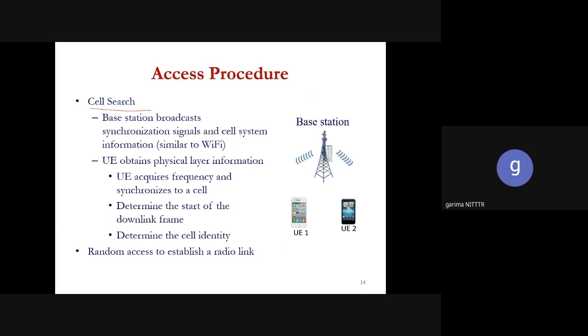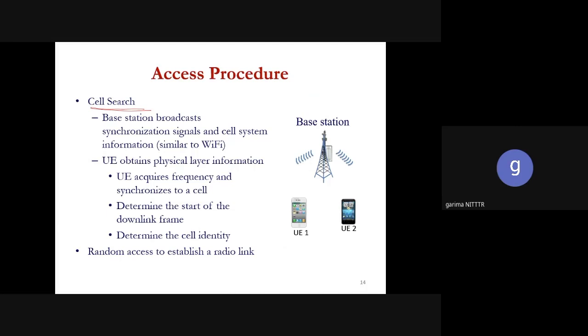Whenever you switch on your mobile, suppose you have bought a new mobile, or you have taken a new SIM, or your mobile phone got switched off and you switch it on again, then it will do a cell search. That cell search means your mobile wants to get connected with the base station of your service provider.